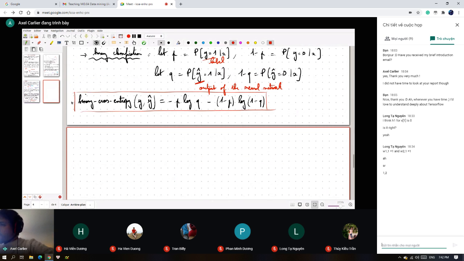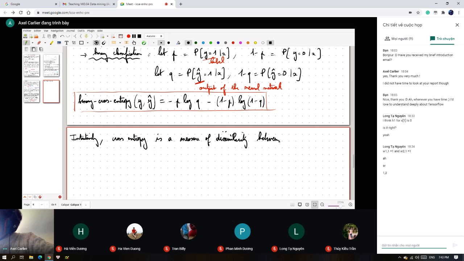So intuitively, cross entropy is a measure of dissimilarity between distributions.